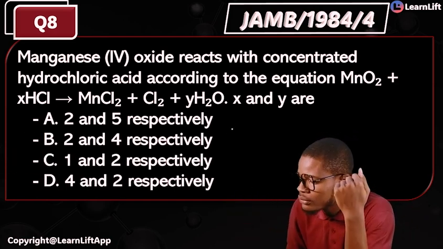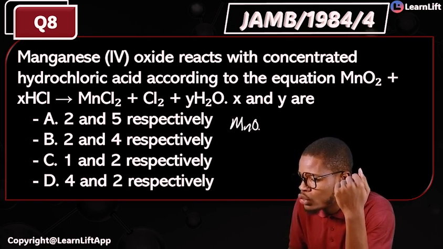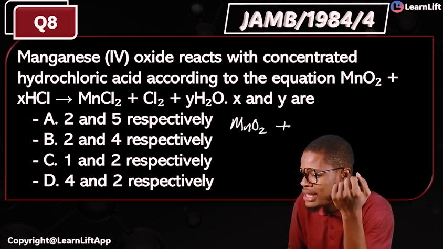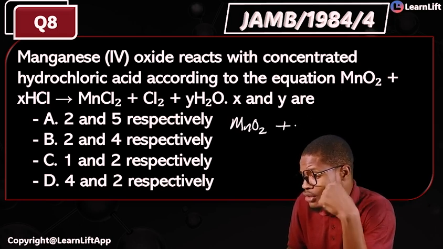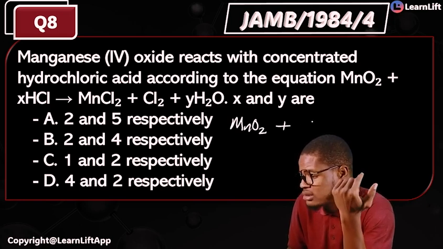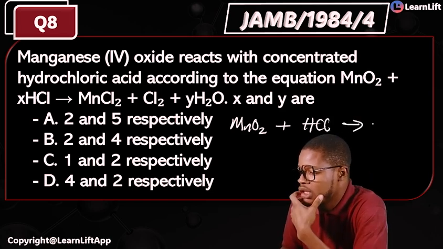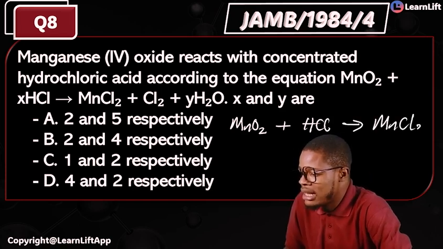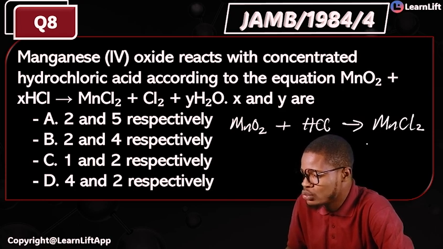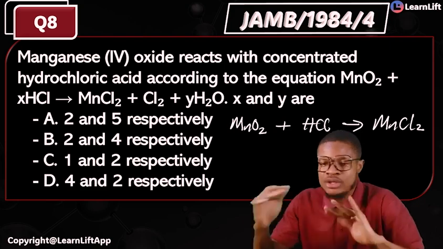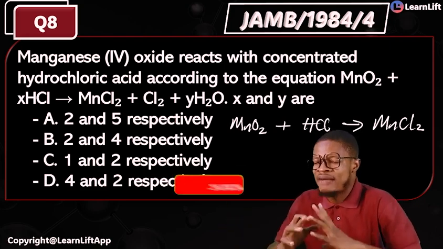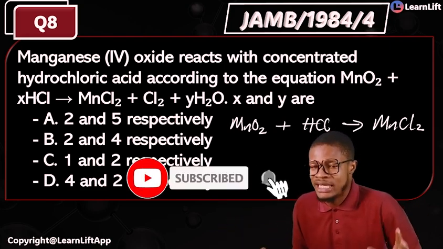Let's go. When MnO2 reacts with X, whatever that X is going to be, then HCl, what is it going to give us? It's going to give you MnCl2, right? Can we take out the options so that we can have a lot of space and then solve? Let's go together.